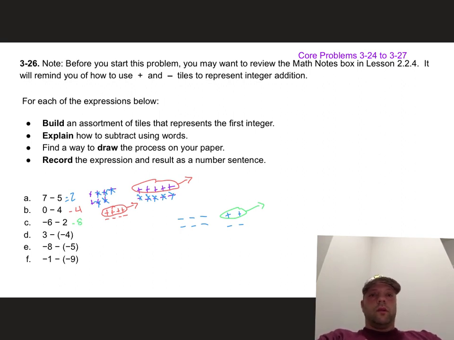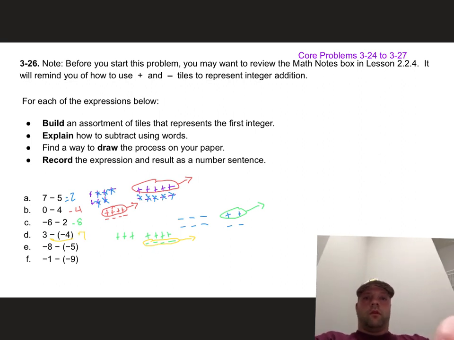All right, I have 3 positives on the next one, and then 4 0 pairs. On this one, we are subtracting a -4. So these 4 negatives are going away, leaving me with an answer of +7. All right, now I have 8 negatives, and I'm going to do 5 0 pairs.